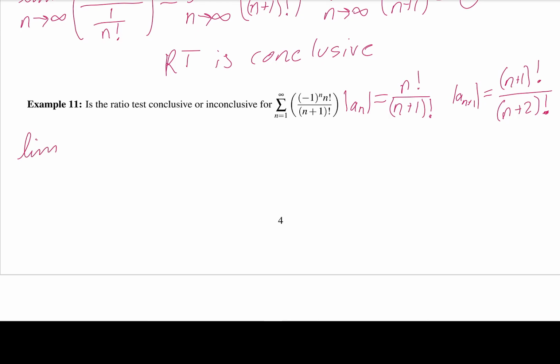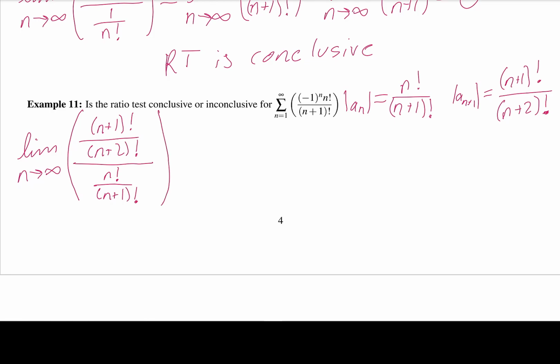So we'll get the limit as n goes to infinity of, let's see, this is going to be n plus 1 factorial over n plus 2 factorial divided by n factorial over n plus 1 factorial.